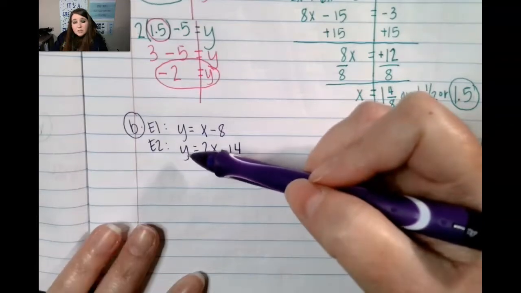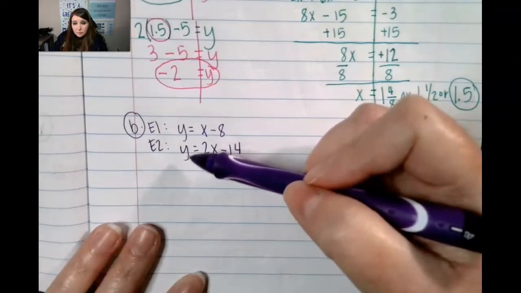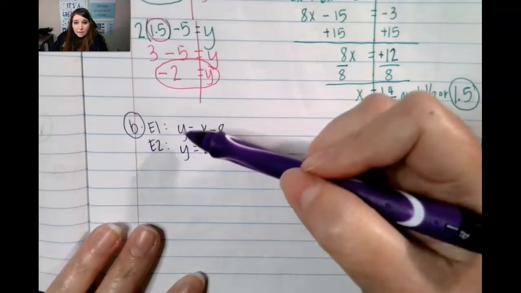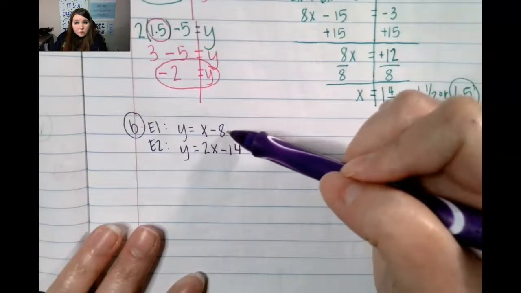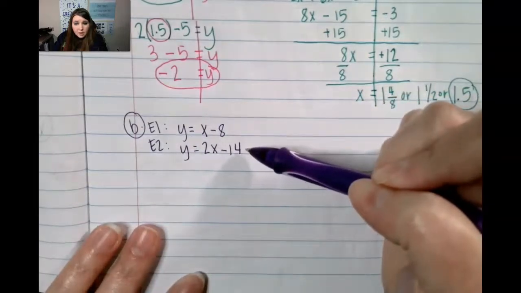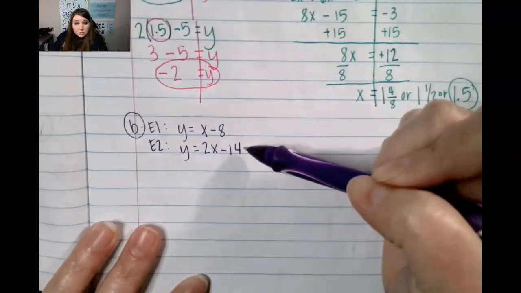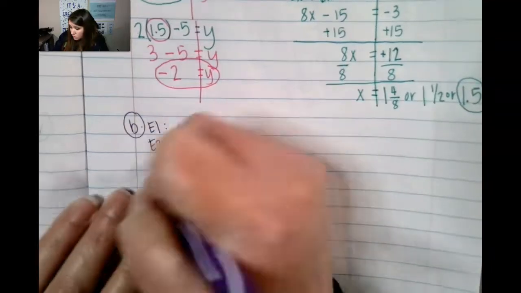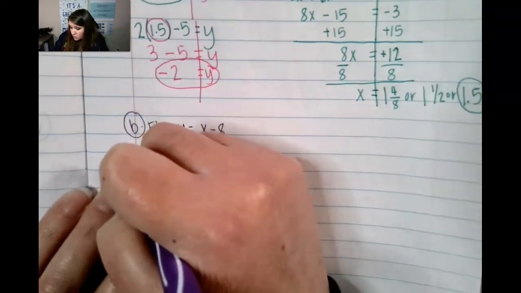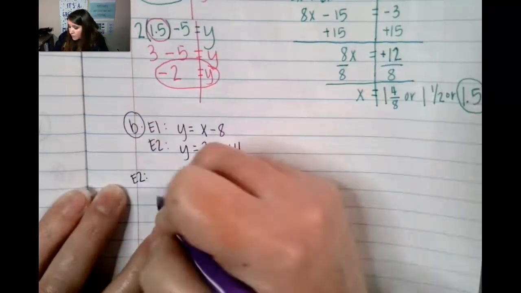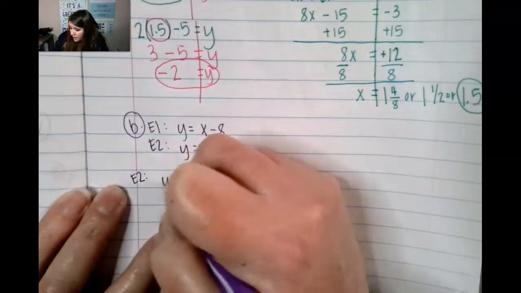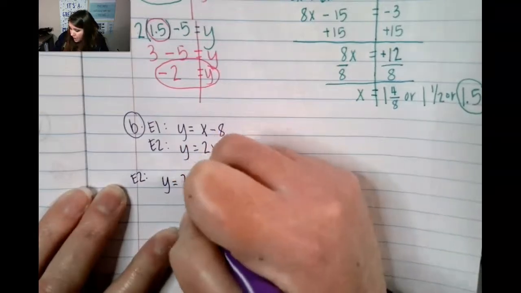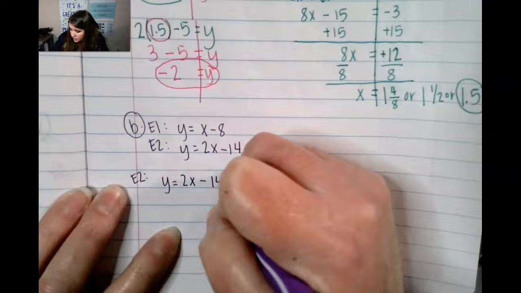So what we're going to do is, this is saying that y is equal to y. So whatever we have, this y has to be equal to this y. So we're going to set them equal to each other. So we'll start with equation 2 and put equation 1 in there. So y equals 2x minus 14.